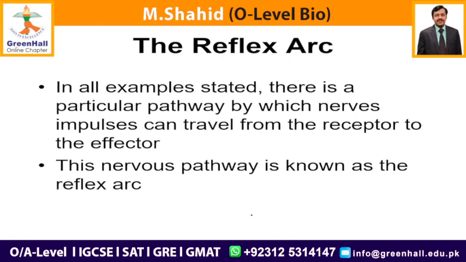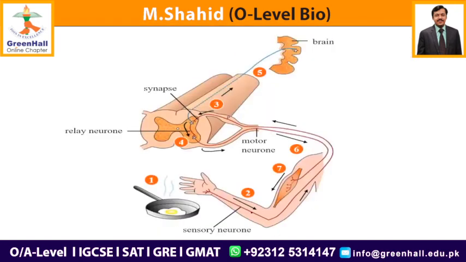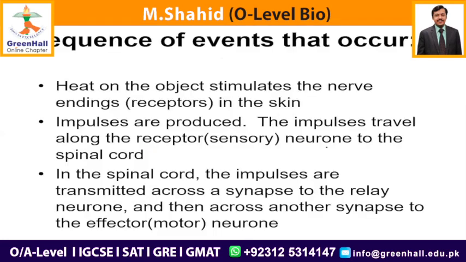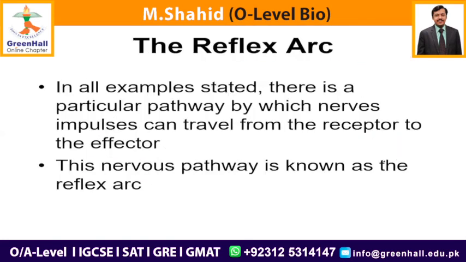So reflex arc, like in this diagram, this entire nervous pathway, starting from 1, 2, 3, 4, not 5, ignore 5, 6, 7, this entire nervous pathway is called the reflex arc. Arc is the pathway.